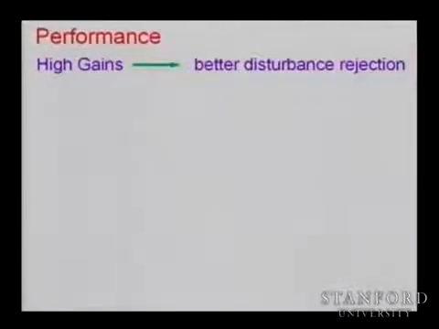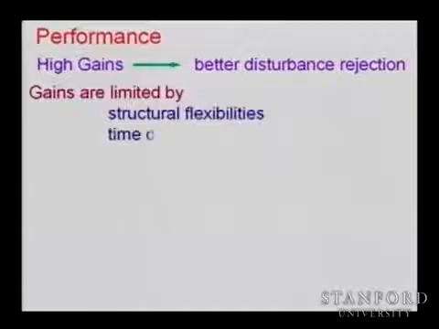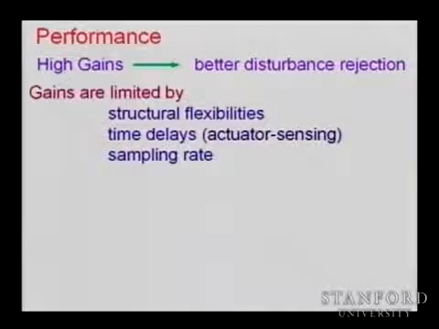You want Kp as large as possible. So you need high gains, right? If you're able to implement high gains, then you get better disturbance rejection. However, your gains are limited. In practice, you start cranking up your gains, and in the simulation I showed you, as we increase the gains, we reach a point when we start vibrating, and this was only a simulation.